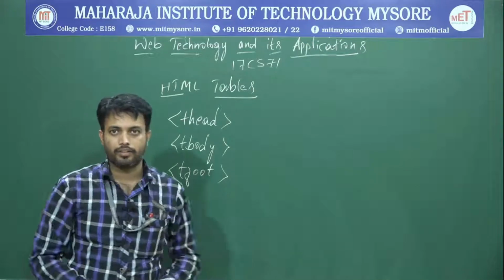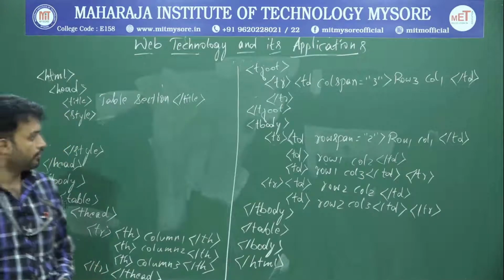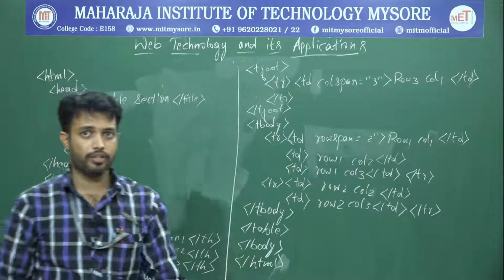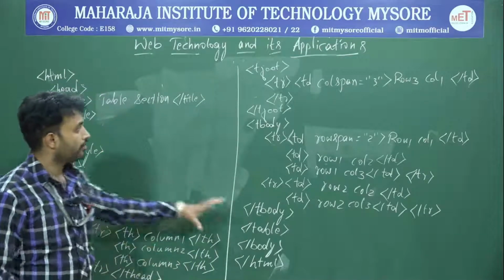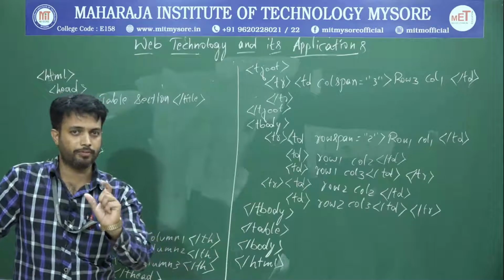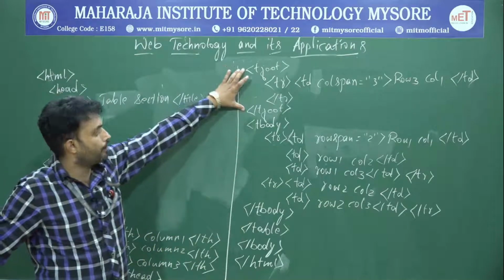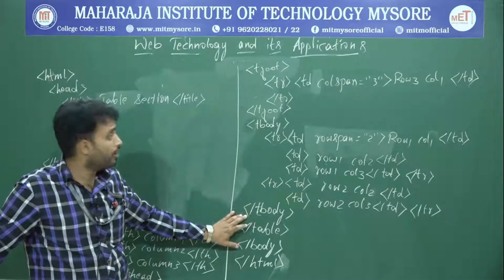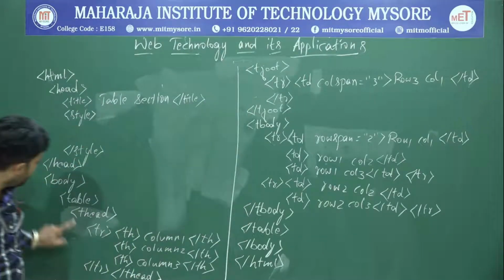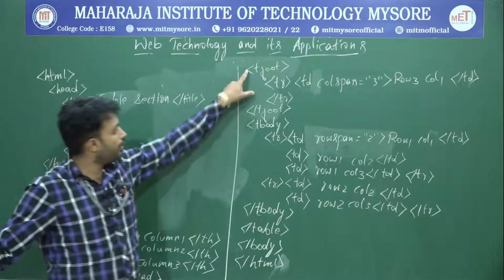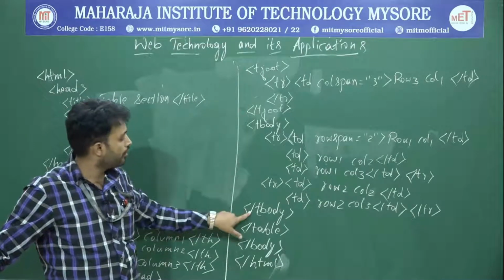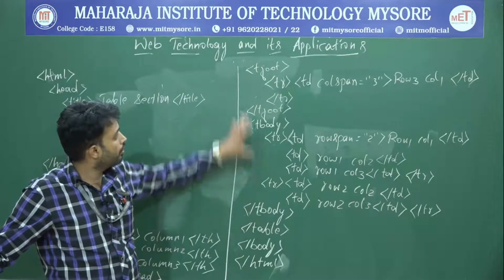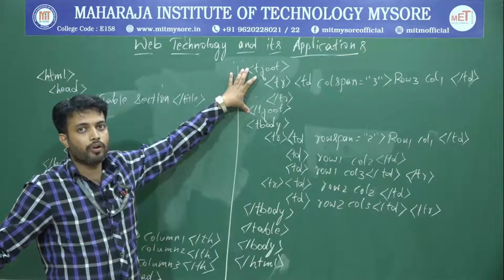This is the example I taught in the previous session. Now look at the small change I have made to the previous program. Instead of the tfoot coming after the tbody, I have written it in between thead and tbody.